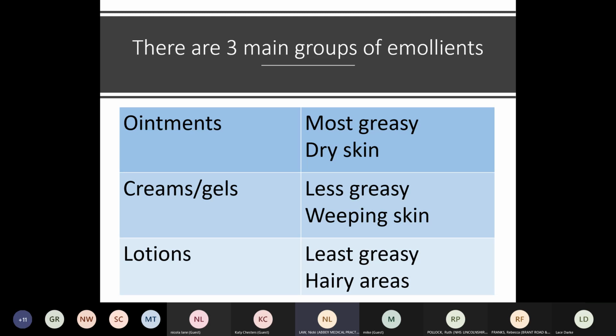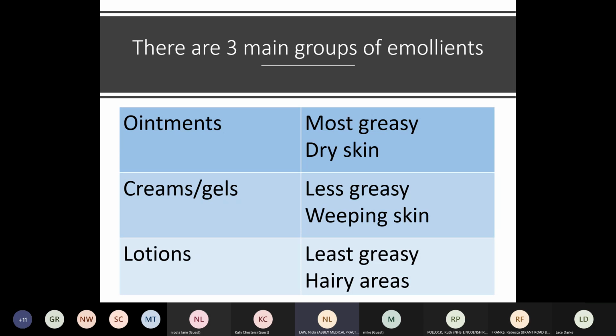So this was a bit of a revelation to me when I did my diploma. I wasn't aware of the fact that there were different groups of emollients. So we can either use ointments, and they're the really greasy emollients, and they're very good if the skin's very dry. If you think of what Vaseline is like, those would be the ointments.